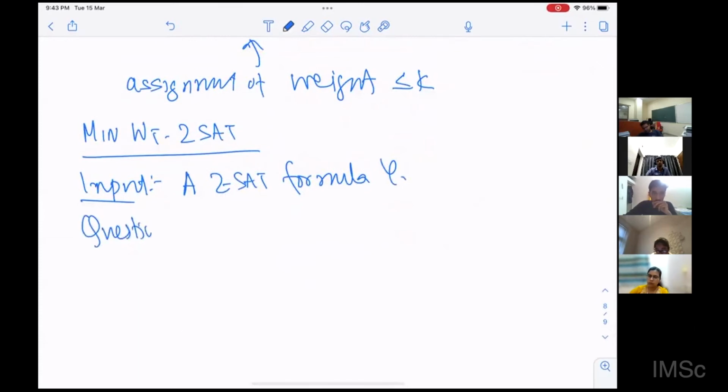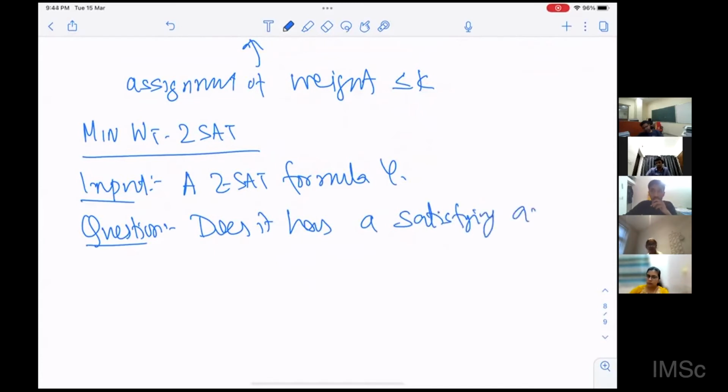And what is the question? Does it have a satisfying assignment of weight at most k?